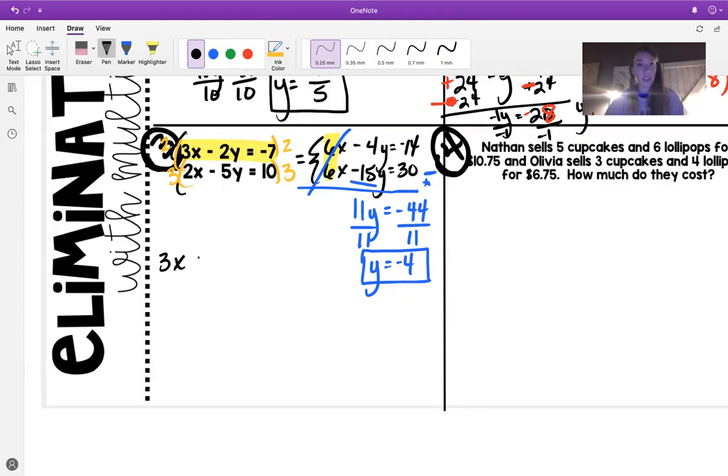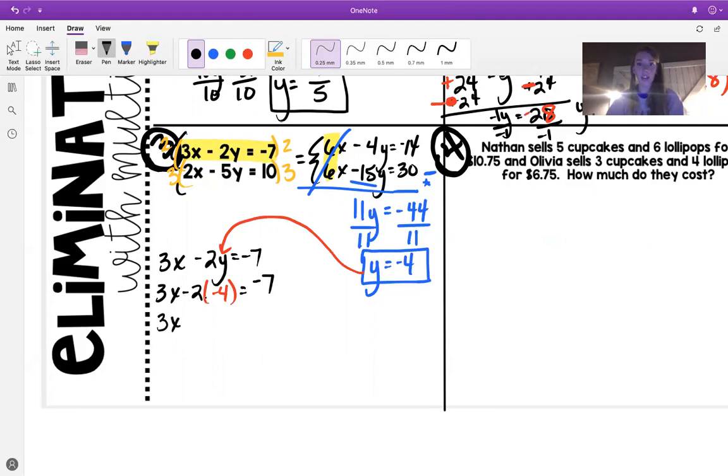So I have 3x minus 2y equals negative 7. I know that y equals negative 4, so I'm going to substitute that in there. So I have 3x minus 2 times negative 4 equals negative 7. So I have 3x.